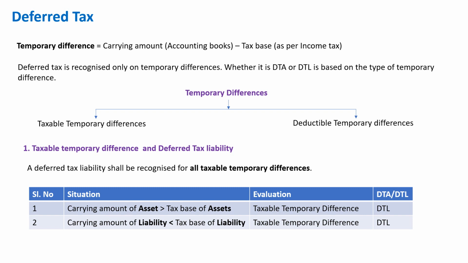So more economic benefit of 10,000 rupees will be flowing in future years. Hence, the company has to create a deferred tax liability. And in the reverse case, if the carrying amount of liability is lower than tax base of liability, then that is a taxable temporary difference and you have to create a DTL for it.